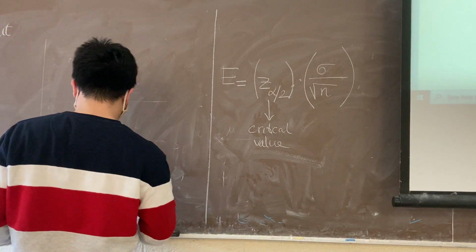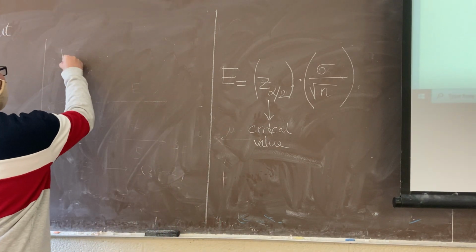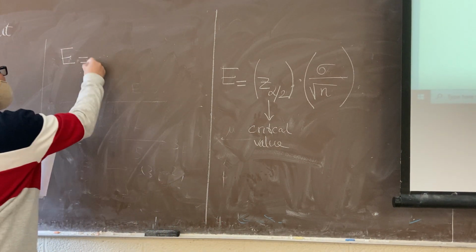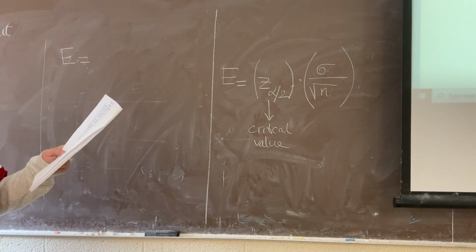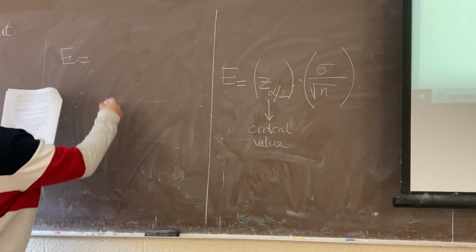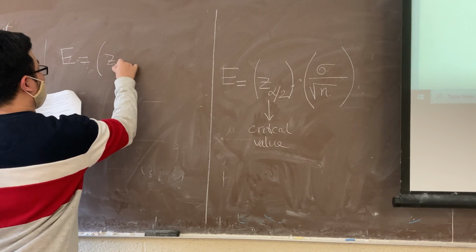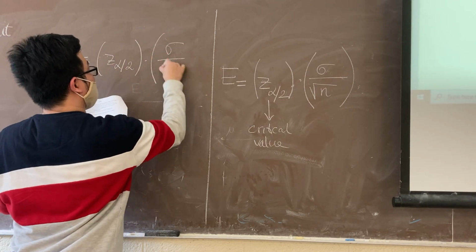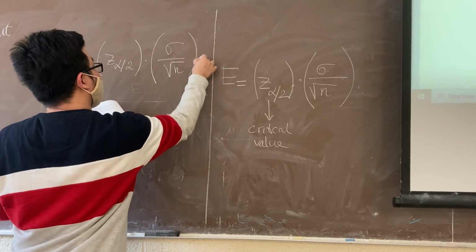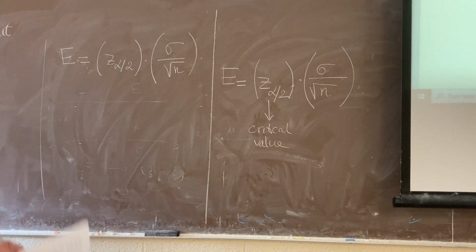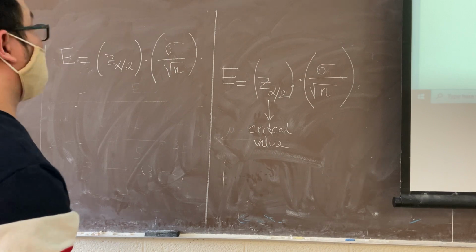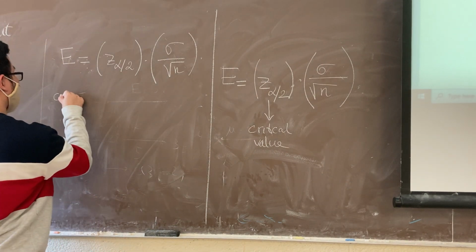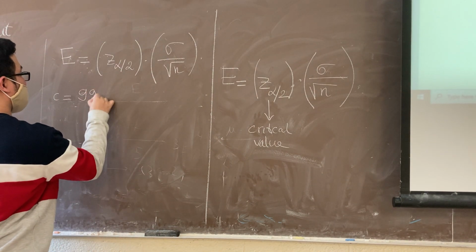Okay, how to do this? The first thing we need to do is write down the formula for the margin of error. That is z alpha over 2 times sigma over square root of n. They give you the confidence level here: 99%.